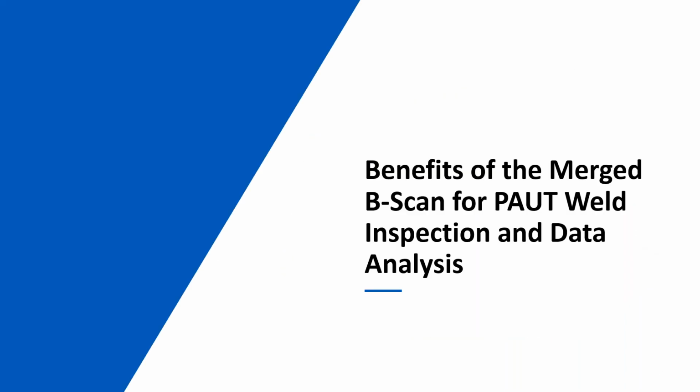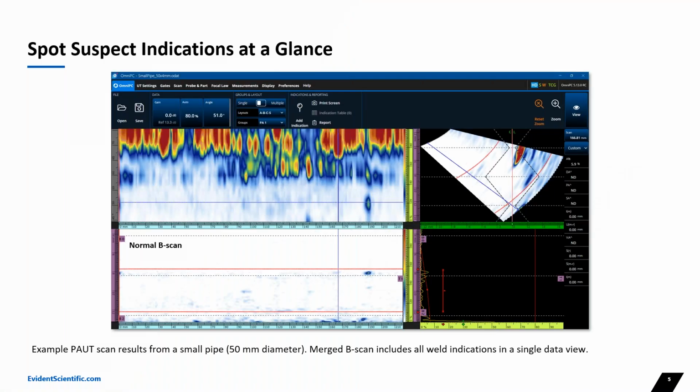On the benefits of the merge B-scan, I will go briefly through that section, primarily because we at Evident have promoted the benefits a lot as of late. So these benefits have not changed. The main one is really that you can spot suspect indications at a glance on one screen.